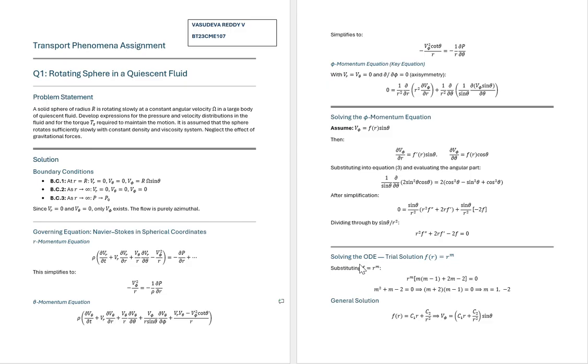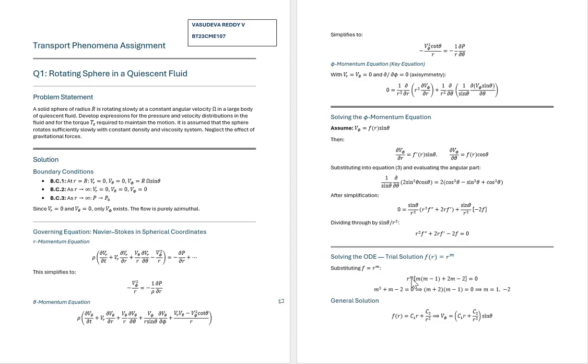So now, as this cannot be solved easily, we know that f is a function of r, we assume f of r is equal to r to the power m, and after you substitute this in r squared f double dash plus 2r f dash minus 2f equals 0, we get this equation.